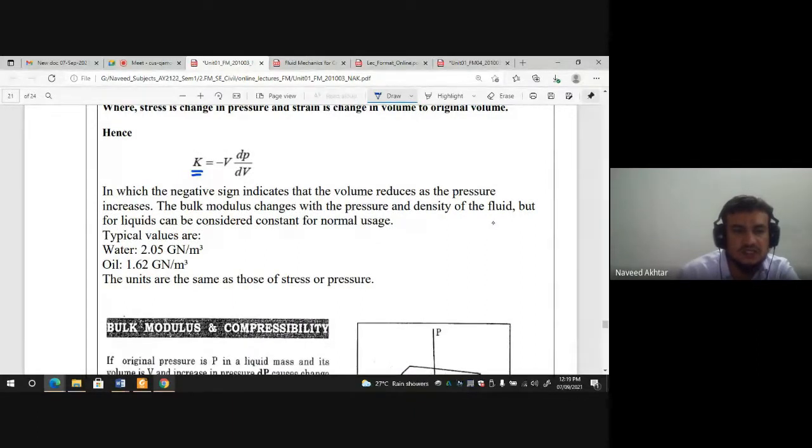Therefore, the typical value of this bulk modulus for water is 2.05 GN per cubic meter, that is giganewton per cubic meter, and for oil it is 1.62 GN per meter cube. The units are the same as those of stress or pressure. Pressure we generally use in megapascal, so it is a gigapascal.